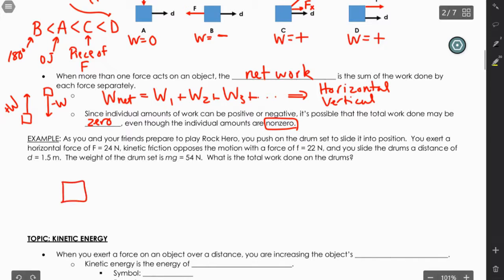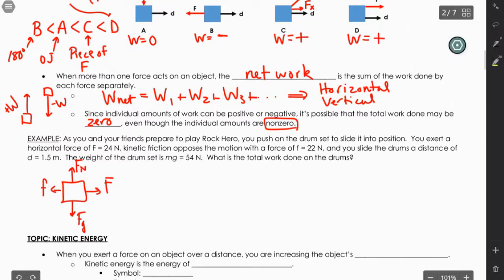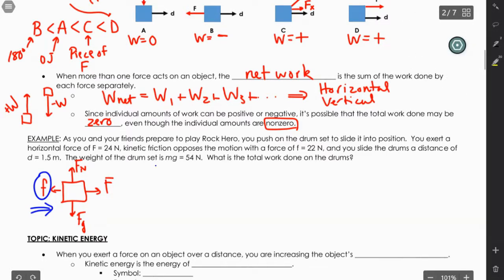So the easy way to do this is to draw a free body diagram, so that you can see what forces are acting and which ones actually don't matter, because they could be perpendicular or there's no work done in that direction. If we're sliding this to the right, and you can tell that because I put friction to the left, the forces that are really doing the work are simply F and friction, because they are in the direction of motion.